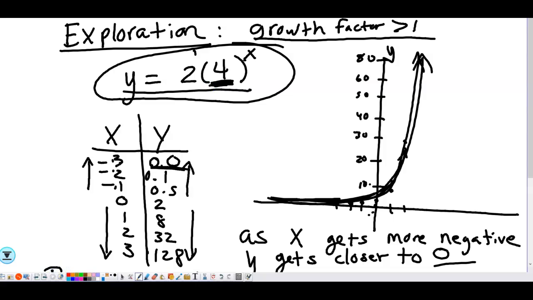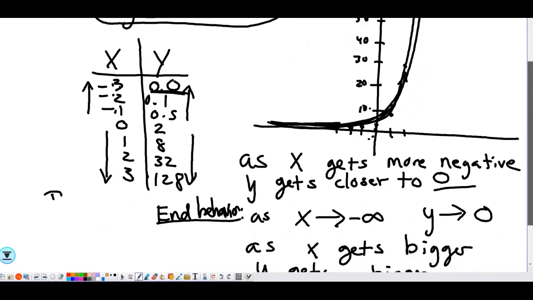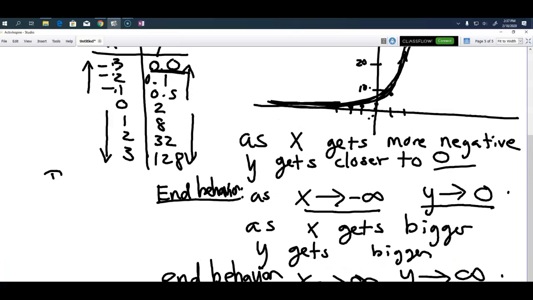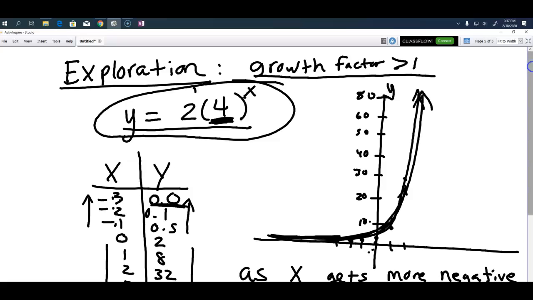We might look at that tomorrow, or maybe the next day. When that growth factor is bigger than 1, as x gets smaller and smaller, y gets closer to 0. And as x gets bigger and bigger, y gets bigger and bigger. You can see that on the graph and also in the table. So those are the two takeaways.